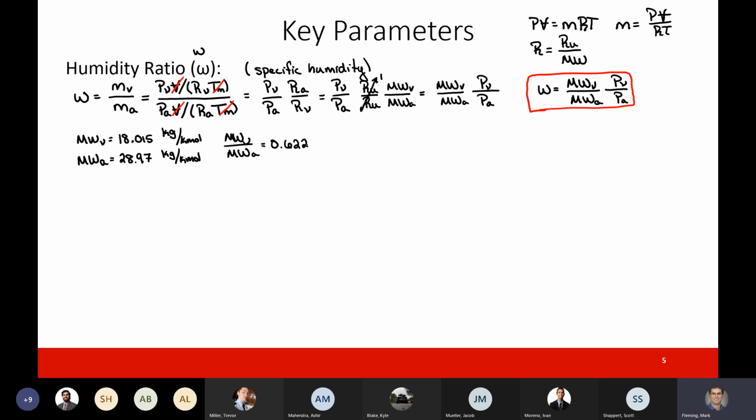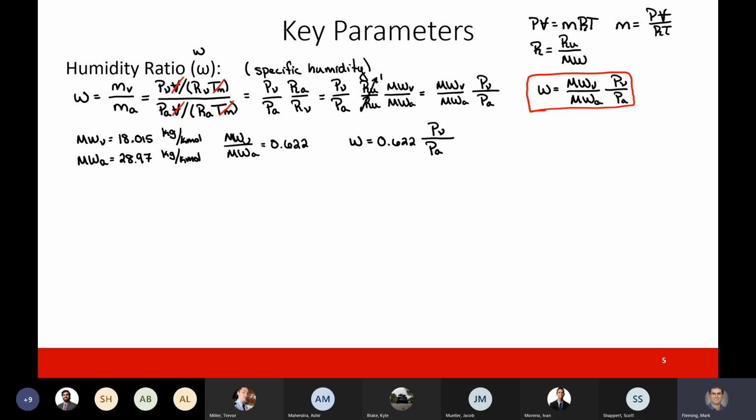And so the form that we will use now for our humidity ratio, we'll substitute that ratio in there. The more common form that you will see on all of your homeworks is that the humidity ratio is equal to 0.622 times the partial pressure of the vapor divided by the partial pressure of air.